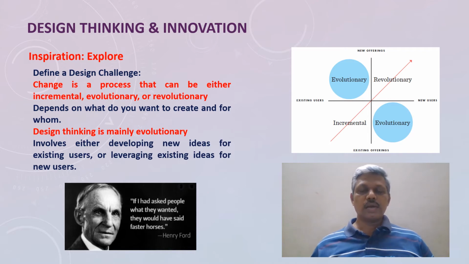So at this juncture, if any innovator asks the people what do you want, they might have said better horses, better mobility based on the horses itself. But the users cannot imagine what is going to come in future. So that is a revolutionary process.